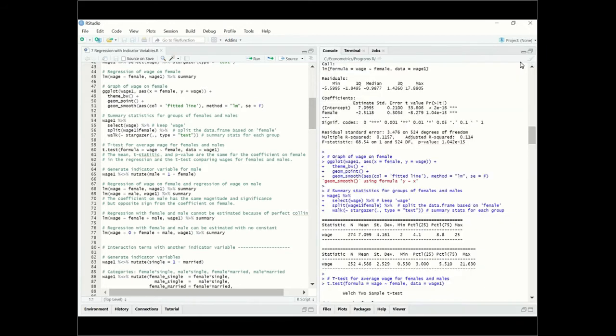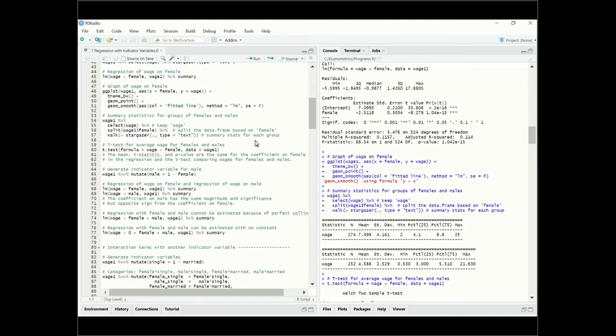So now next, let's go ahead and summarize the data for males and females. The way we would do it is using the data frame wage 1, select the variable wage, and then we would be splitting from the data frame wage 1, the variable female. So we would be splitting it into two groups, and then stargazer would basically give us the summary statistics for each group.